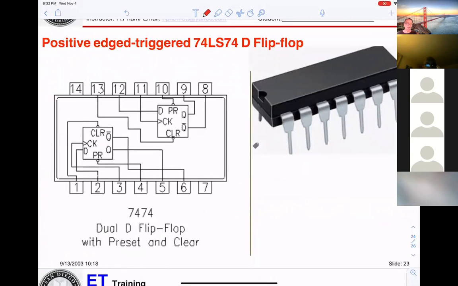And also you know which pin for flip-flop number 1 is the clock, preset, or clear. And also power and ground. Power is 14, 7 will be ground. Without power and ground, the IC is not working.